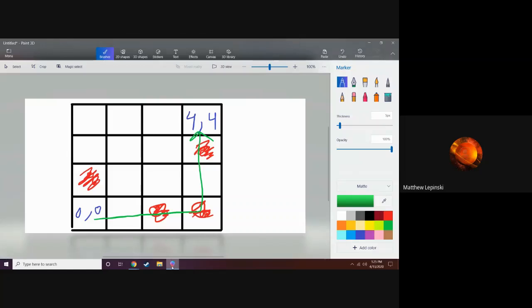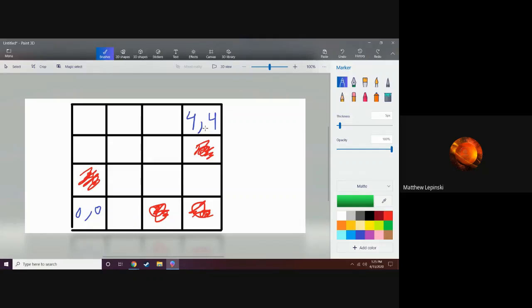Yeah, so the limitation here is you only go north and east. You don't want to go out.